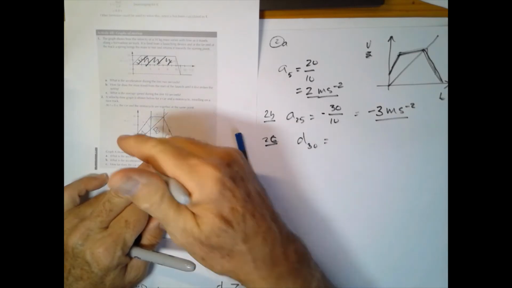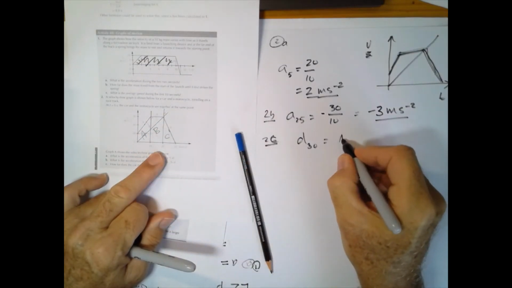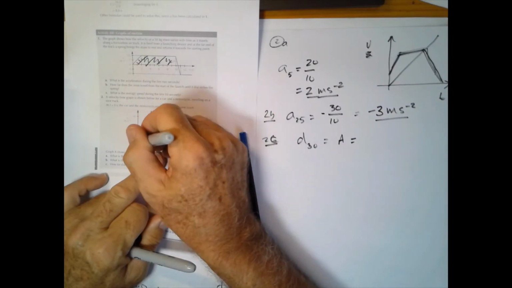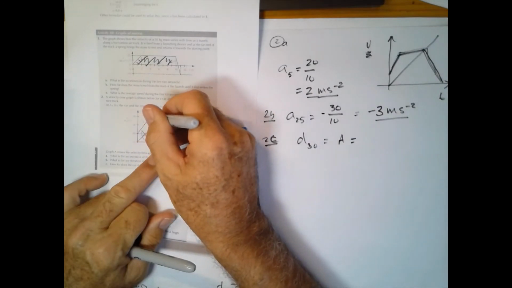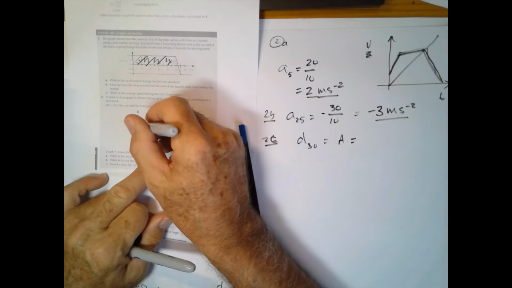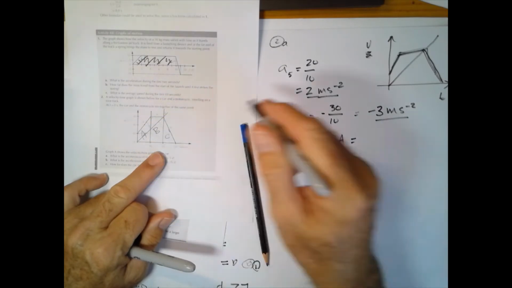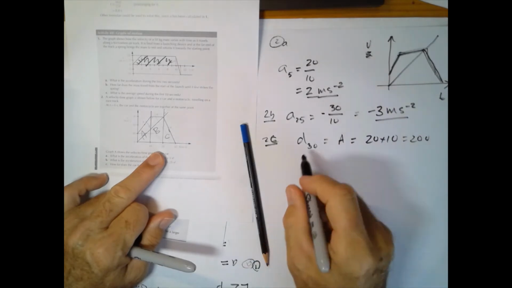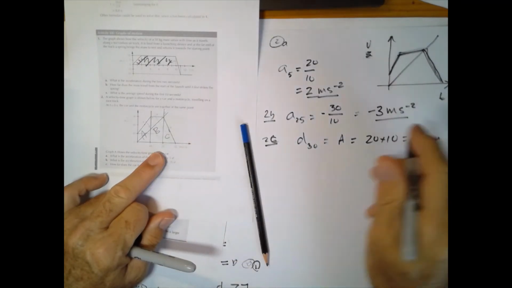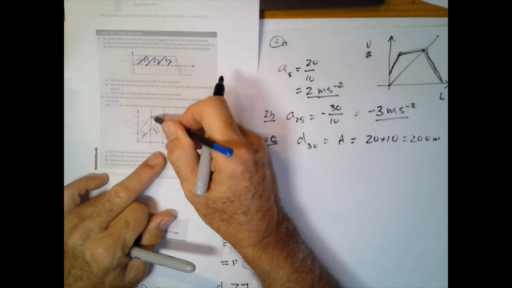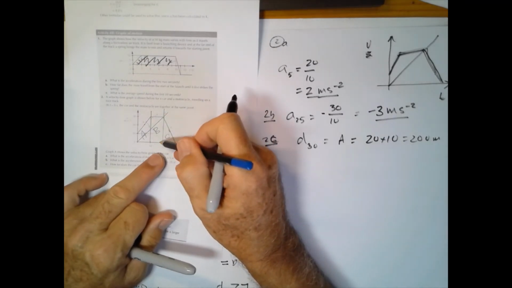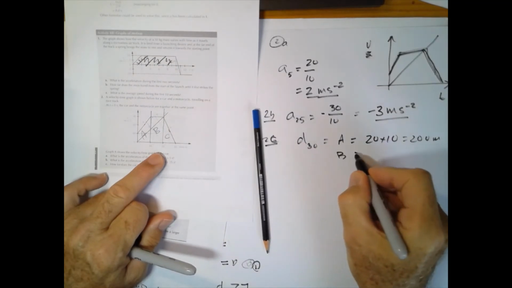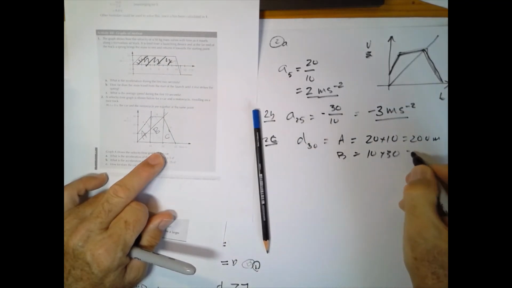The area under the first shape, area A, is equal to the average height, 10 plus 30 is 40, so the average height is 20, times the base 10, which is equal to 200 meters. The area of the second shape, base times height, 10 by 30, equals 300 meters.